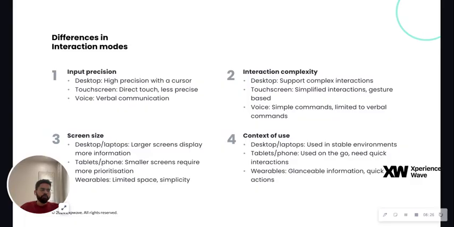When it comes to wearables, the focus is on glanceable information, because you usually use wearables when you are in a different activity altogether. And you would be aiming for quick actions whenever the information is glanced over. And the context of use with respect to voice is hands free, and it is used in environments where visual interaction is almost impractical.